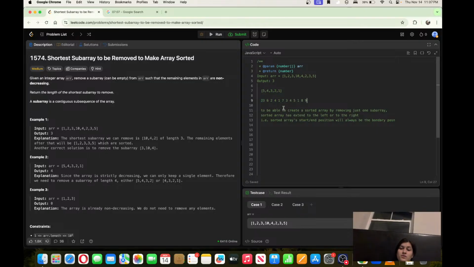The resulting sorted array cannot be the middle array, because then we would have to remove two subarrays, on the left and the right. So that is one intuition that I got.